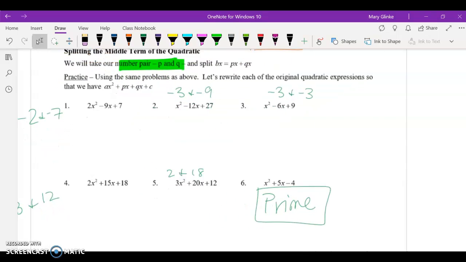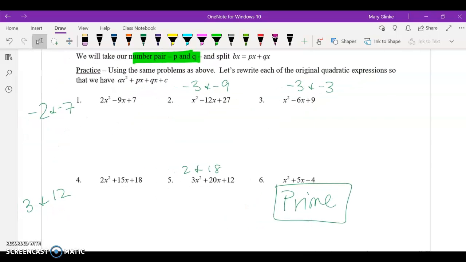So you do that process of A times C, find your number pair that multiplies to get that but adds to get B. Once you get those numbers, and this part is very important for what's coming tomorrow, so please make sure this is going okay for you. You're going to take your first term and rewrite it. So 2x squared. Your middle term, this is called split middle term for a reason.